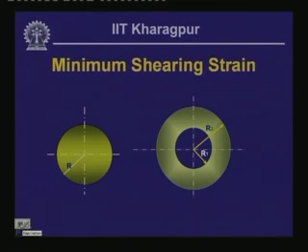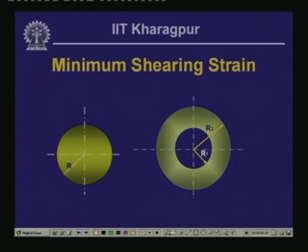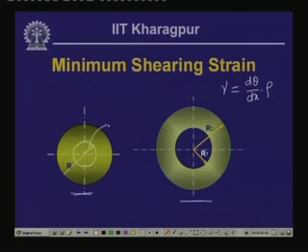Well, now the third question was: what is the value of minimum shearing strain for solid shaft as well as for the tubular shaft. Now, we have seen the value of the shearing strain gamma is equal to d theta by dx times rho, where rho is the radius of a segment which is taken out from the solid shaft.